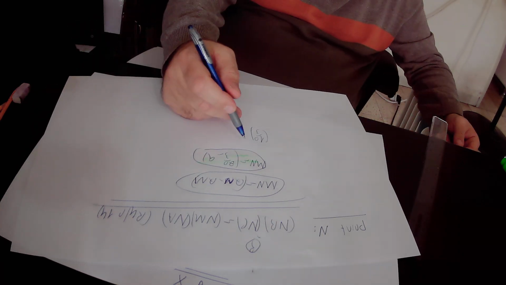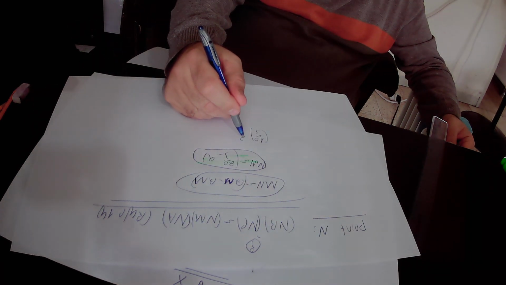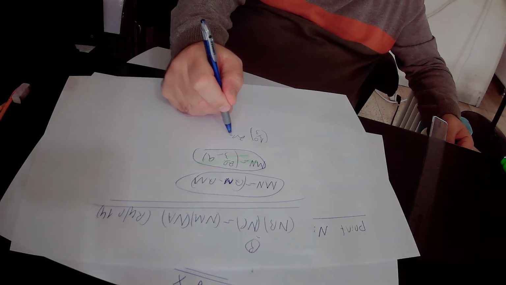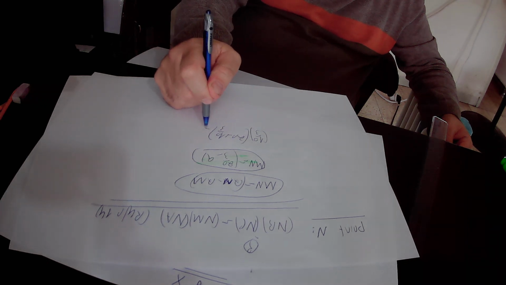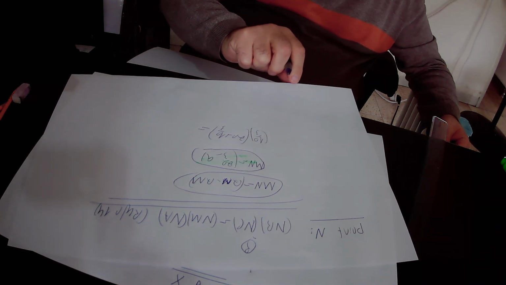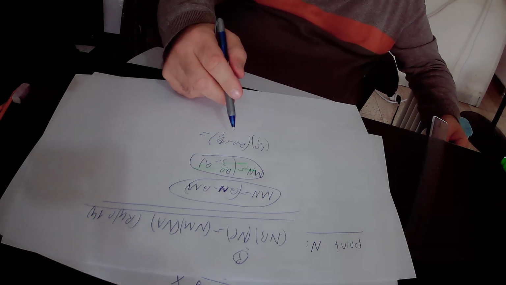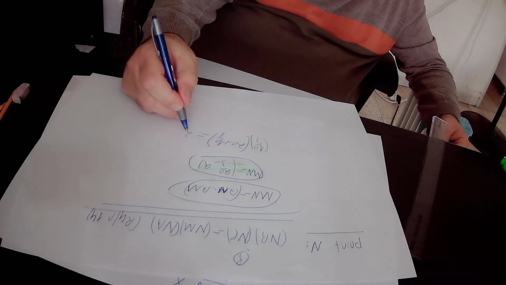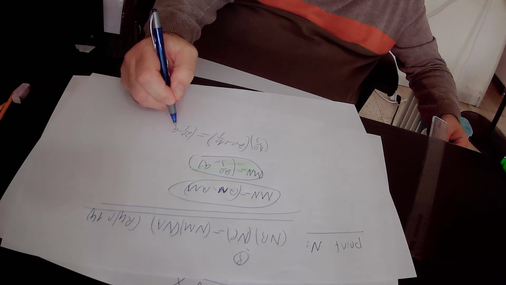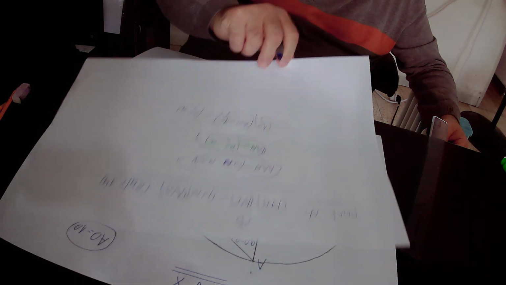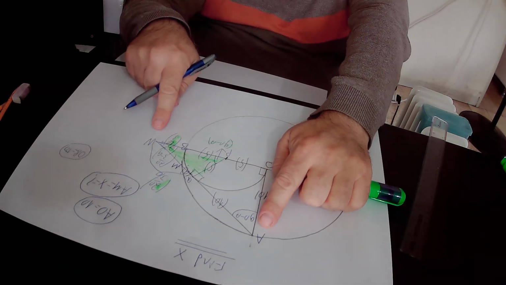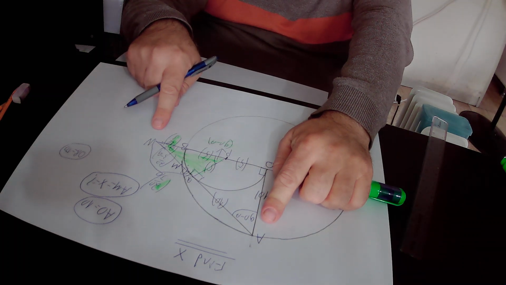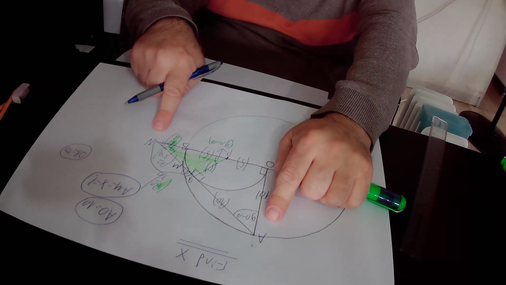CN equals 20 plus 10 over 3, and it is equal to NM. We just found out that NM equals 20 over 3 minus A, times NA. What is the length of NA? NA equals AQ plus QN.